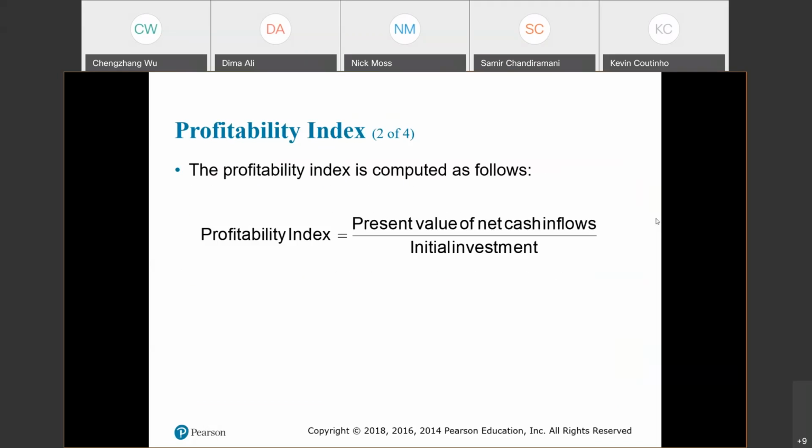So Profitability Index equals present value of net cash inflows divided by initial investment. This index allows us to compare alternative investments in present value terms, but it also considers differences in investments' initial cost.